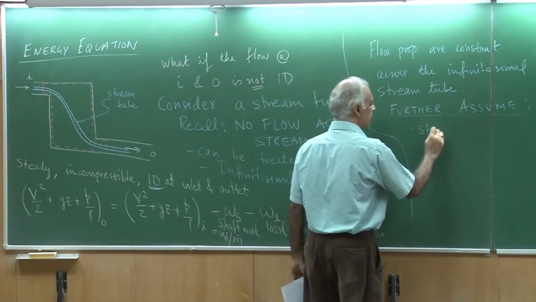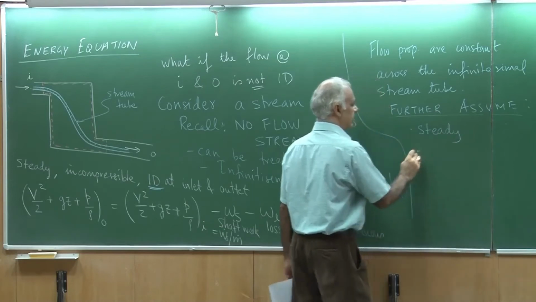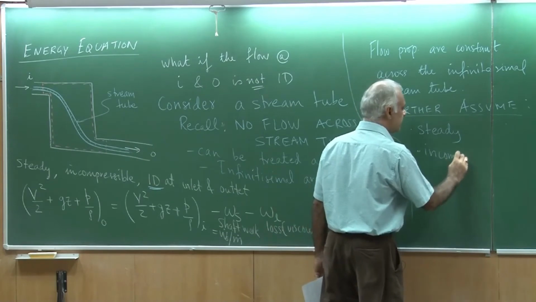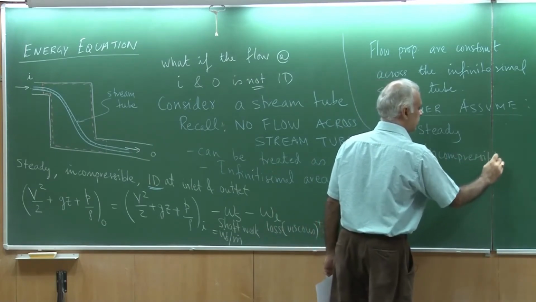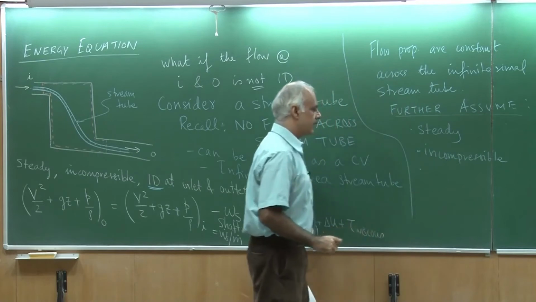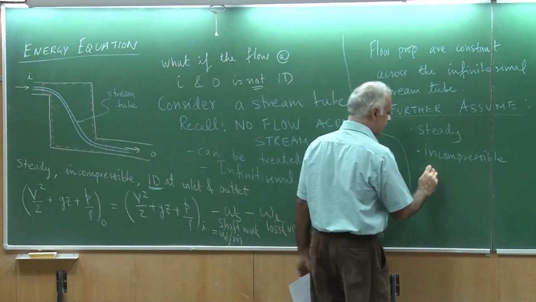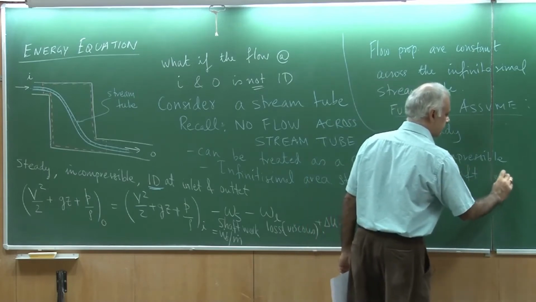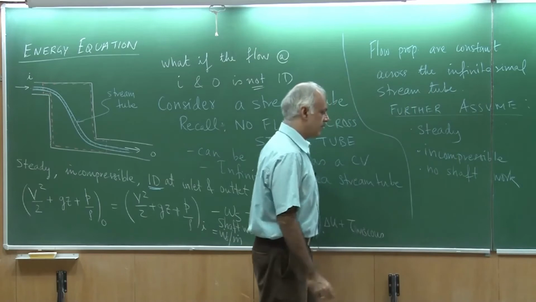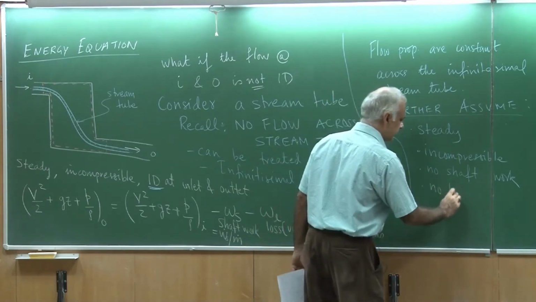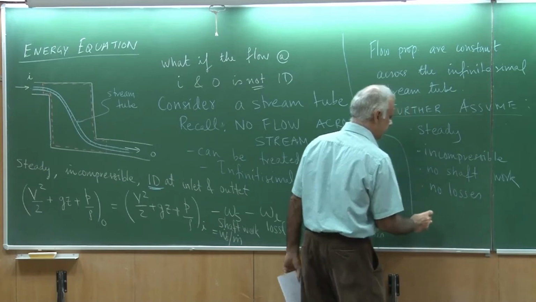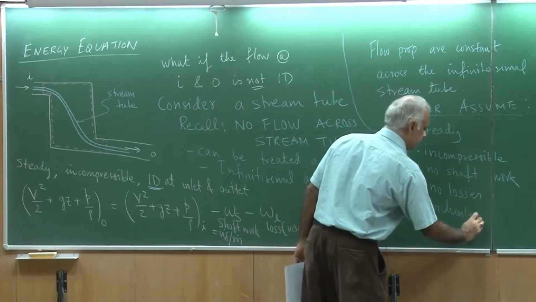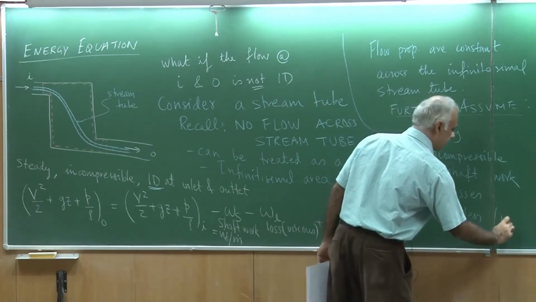I will assume a steady flow as before. I will also assume that the flow is incompressible. I will assume that there is no shaft work, there are no losses, which implies that I am talking about a frictionless or an inviscid flow.